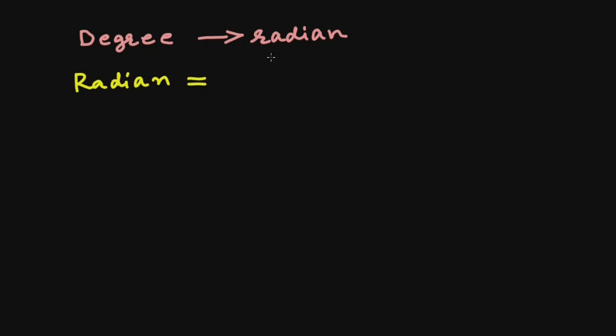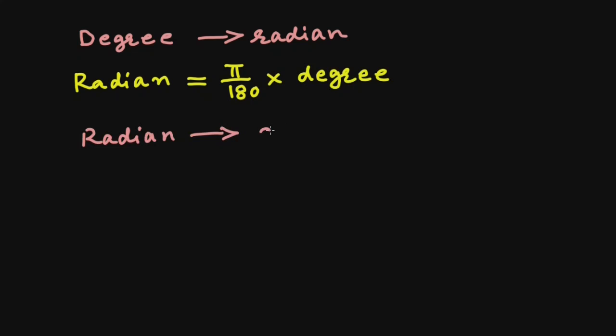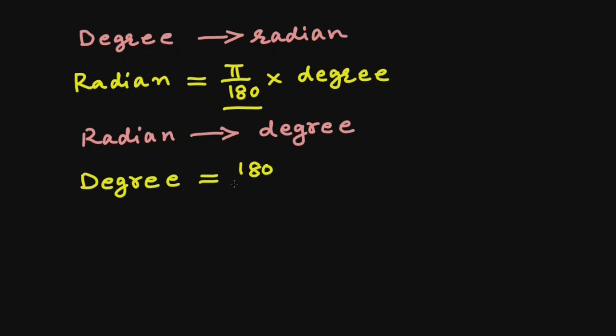When we want to convert degree measure to radian measure, we write radian equals pi upon 180 into degree measure. And when we want to convert radian measure into degree measure, we write degree measure equals the reciprocal of pi upon 180, that is 180 upon pi, into radian measure.